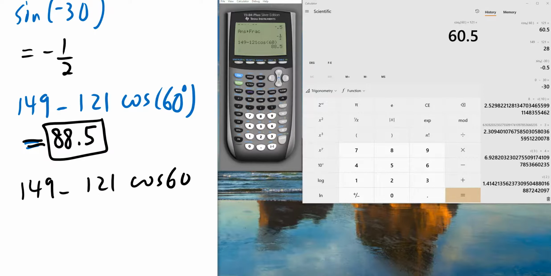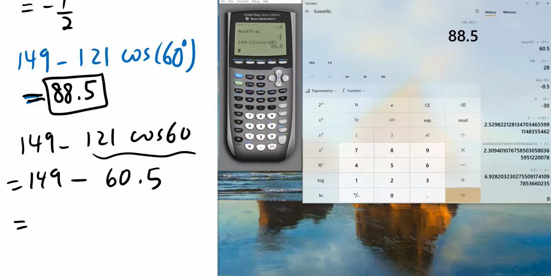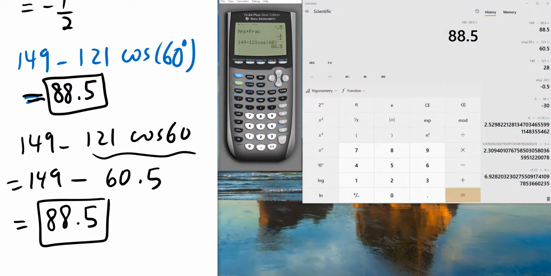Cosine 60 equals, keep 149 the same, minus the result of the operation I performed, so write it down on a piece of paper as 60.5 because you might forget it. Then you do 149 minus 60.5, and that gives us exactly the same answer as before. So that's the scientific calculator.